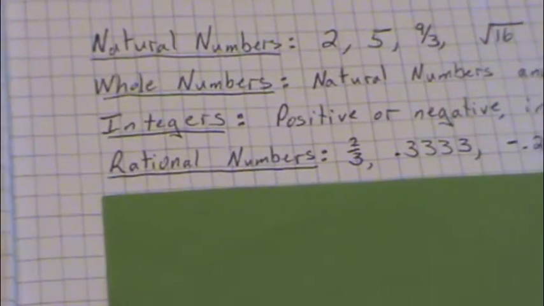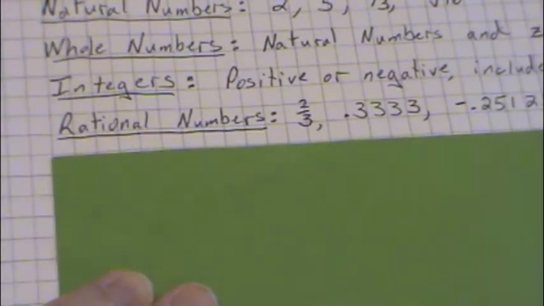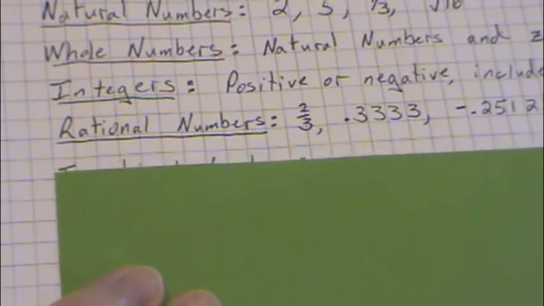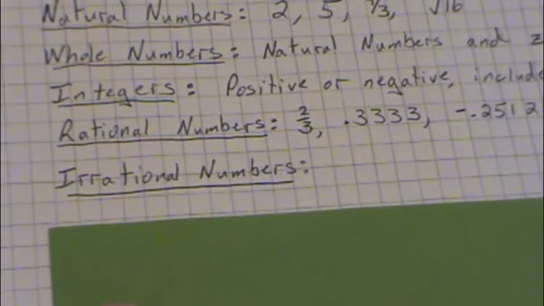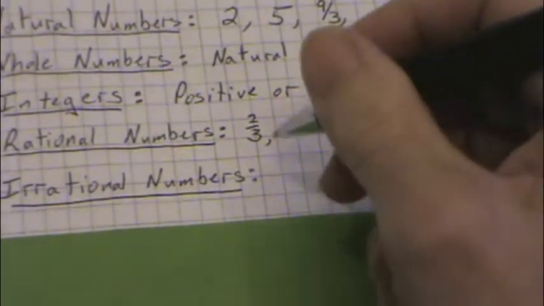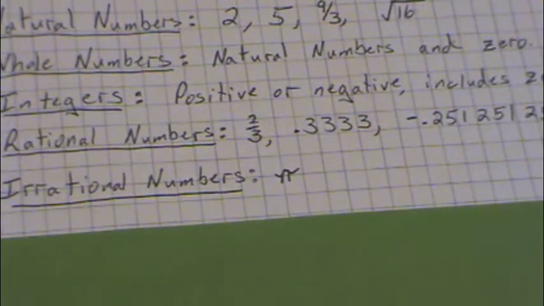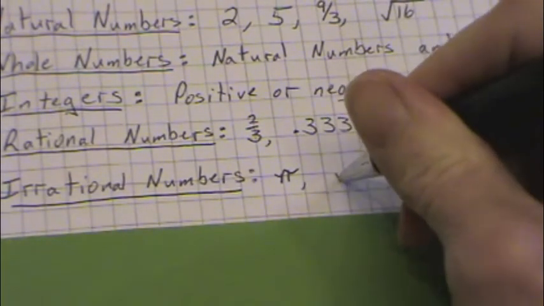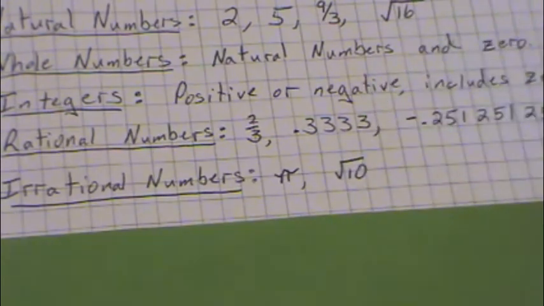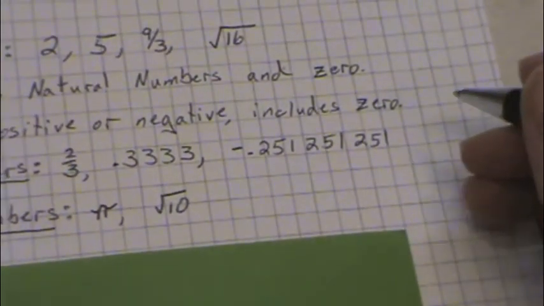So, if those are rational numbers, I know you're all dying to find out what irrational numbers are. Irrational numbers, this is where numbers like pi belong, because there's no repeat, there's no pattern on pi. Something like the square root of 10. Take a minute and try to find that on your calculator.